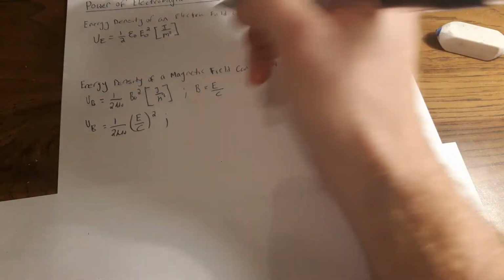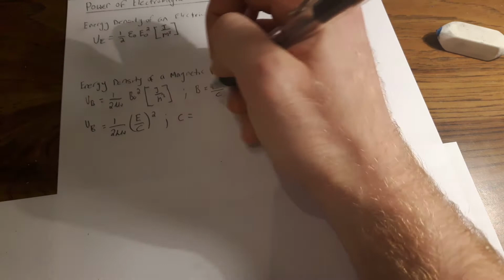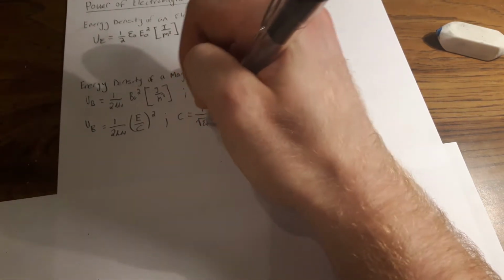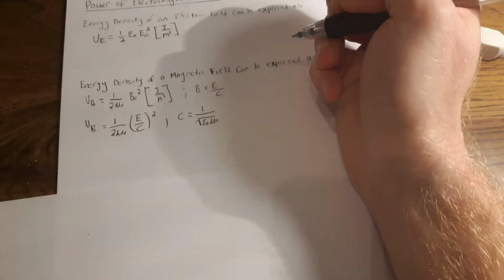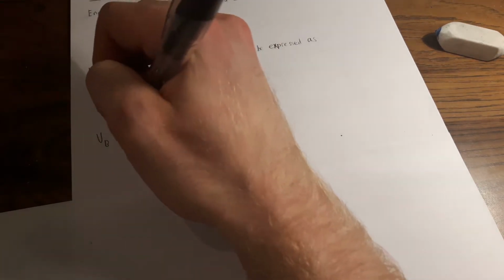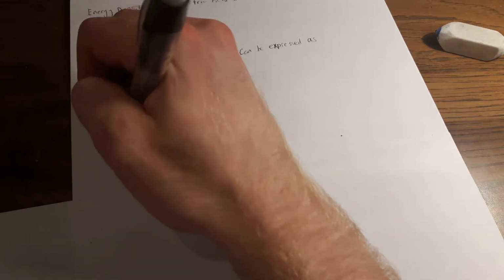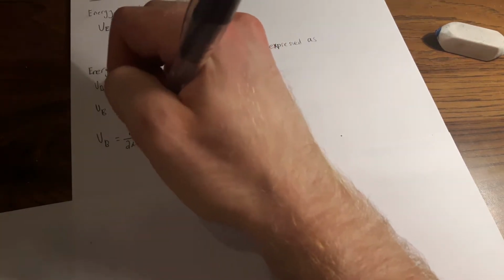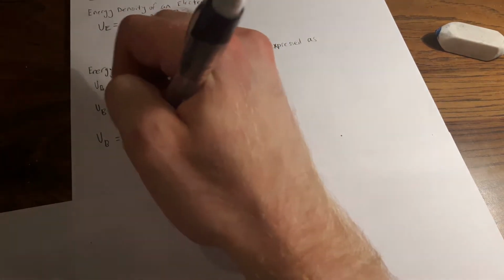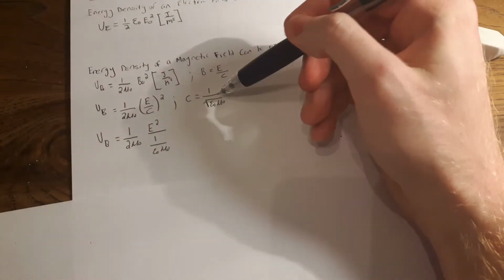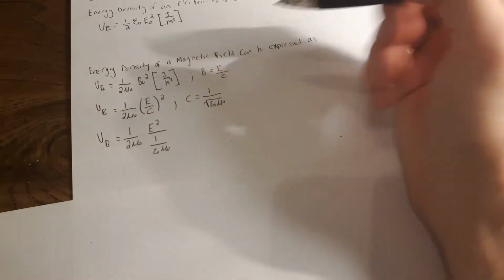But now we know that c is equal to 1 over the square root of epsilon naught mu naught. And so if we plug that in, we will see that U_B is equal to 1 over 2 mu naught E squared over 1 over epsilon naught mu naught, where we lost the radical because we squared it.